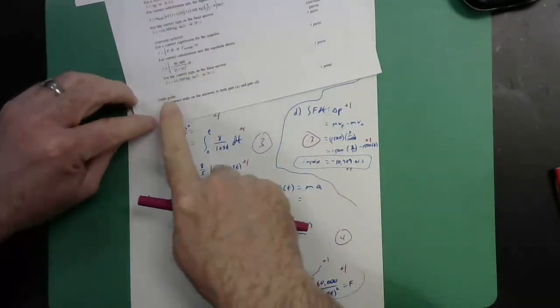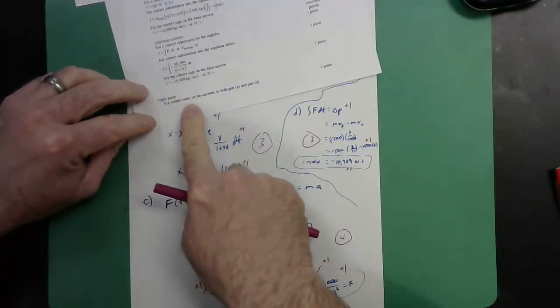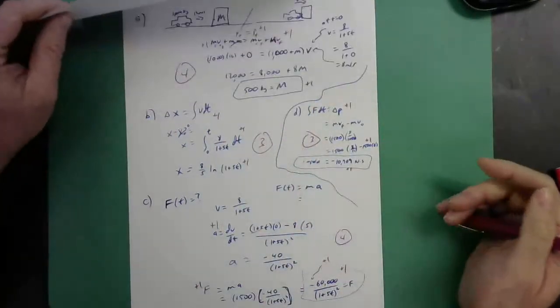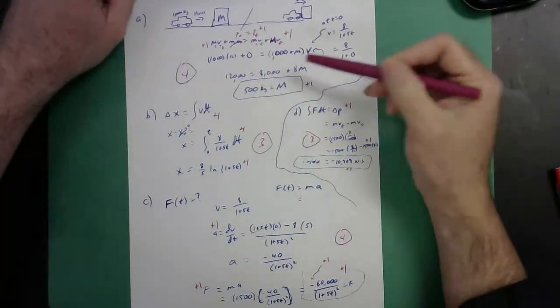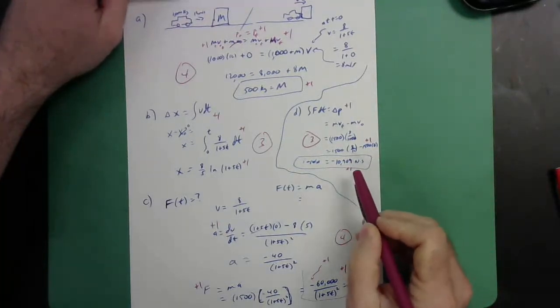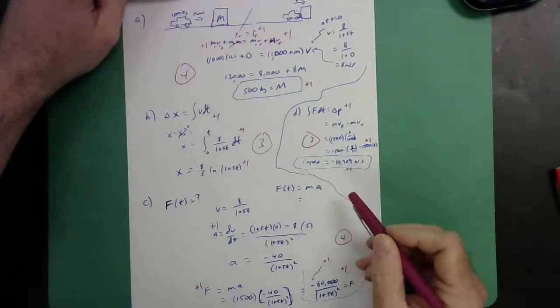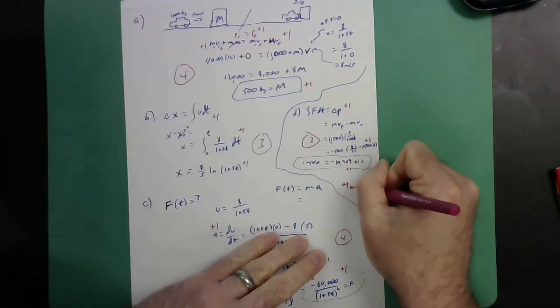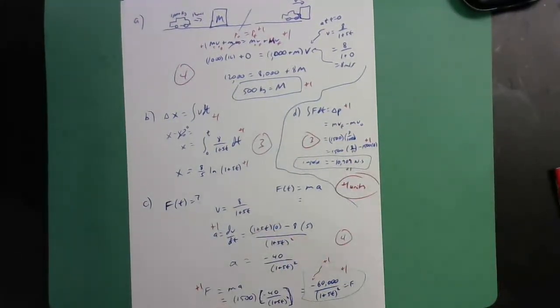And look, for correct units on answers to both part A and part D, you get a point. Part A, recognize that mass is in kilograms, and part D, recognizing this to be in newton seconds or kilogram meters per second. Then we get that last point for units. Woohoo! And that's it, 15 points. And that's the 2002 free response problem on momentum.